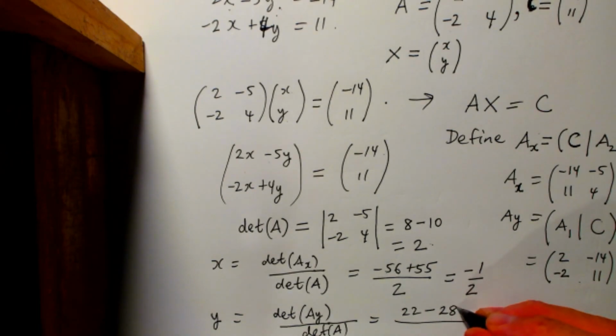So 22 minus 28 all over 2. And so that gives us, let's see, minus 6 in the numerator, so minus 3.